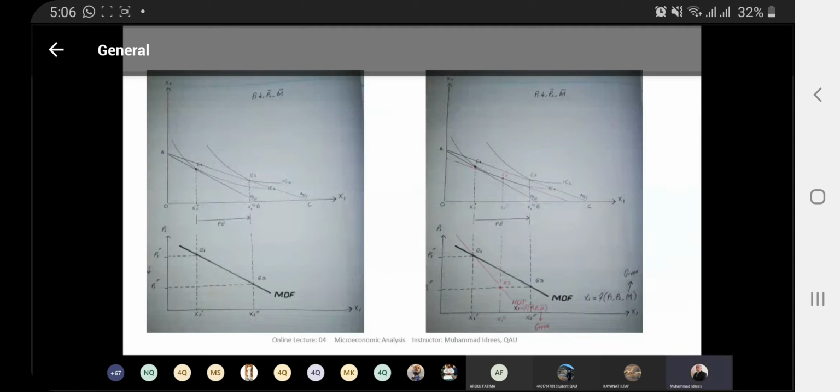In a nutshell, if you are asked to compare the Marshallian demand function and the Hicksian demand function, you know that the Marshallian demand function measures the entire price effect. The Hicksian demand function focuses merely on the substitution effect.